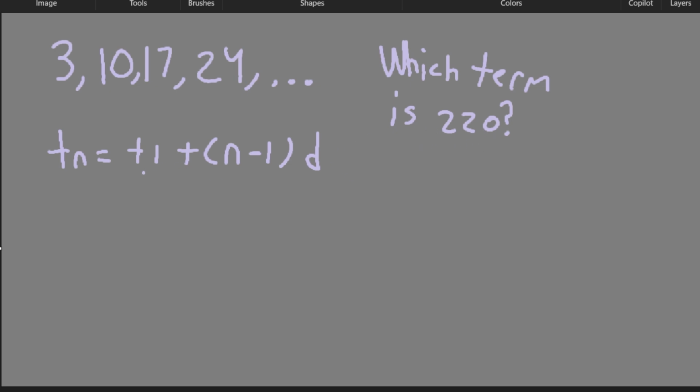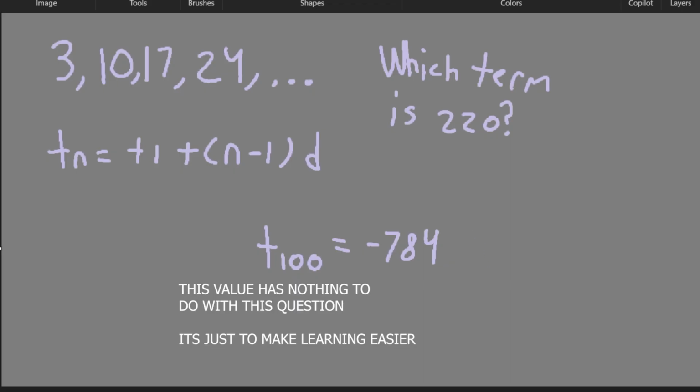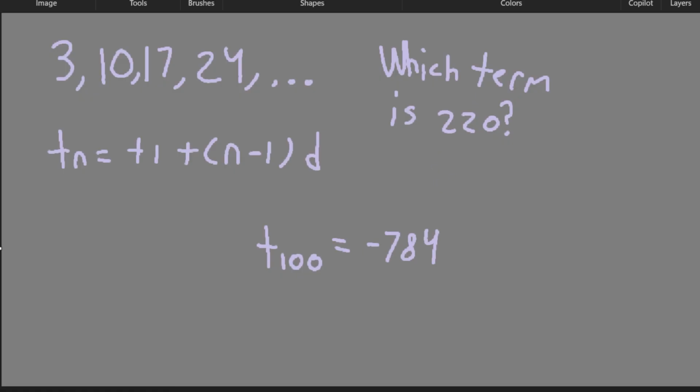This isn't T1, because we know T1 is 3, and the common difference here is 7. We don't know what n is, but what we do know is Tn is equal to 220. So if we know the value of Tn, we can try and find n, if that's easy to understand.